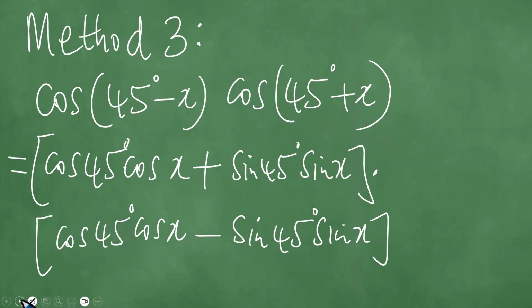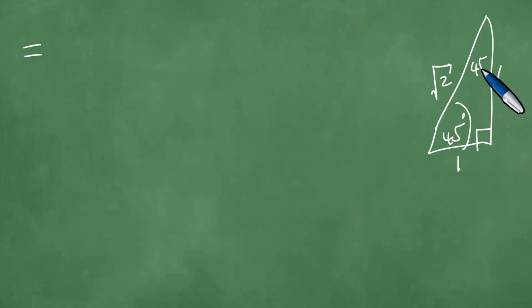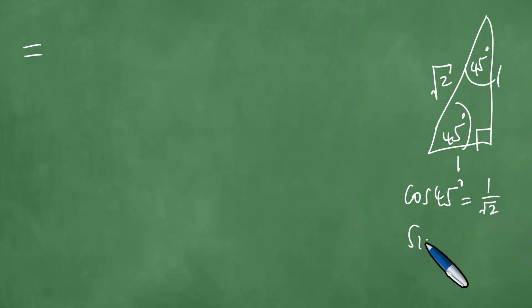Cosine 45 degrees is 1 over the square root of 2, from these particular special triangles: square root of 2, 1, 1, 45 degrees, 45 degrees. Cosine of 45 degrees is 1 over the square root of 2. The sine of 45 degrees is 1 over the square root of 2.